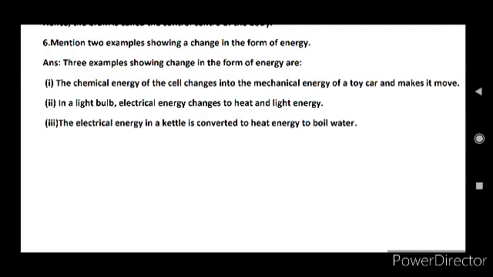Second, in a light bulb, electrical energy changes to heat and light energy. And the electrical energy in a kettle is converted to heat energy to boil water. This is also a change in the form of energy.